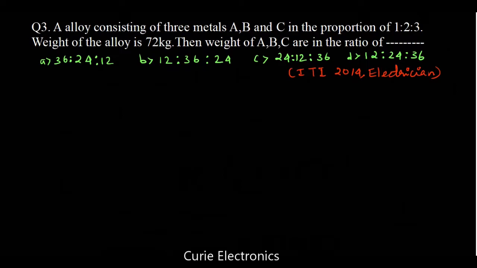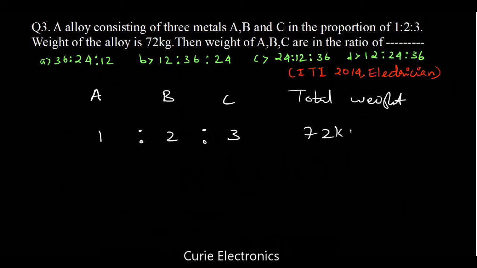Now we have the ratio A, B, C and total weight. It is in the ratio 1 is to 2 is to 3 and it is 72 kg.